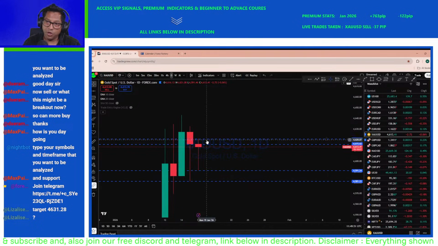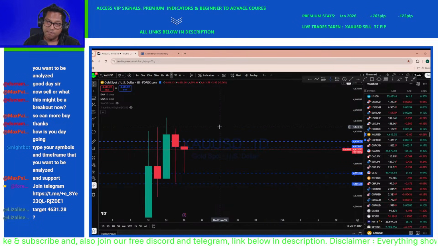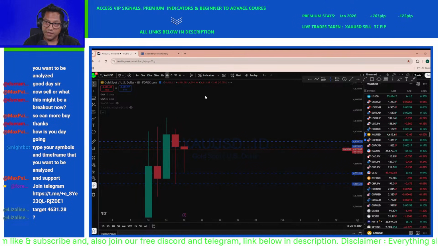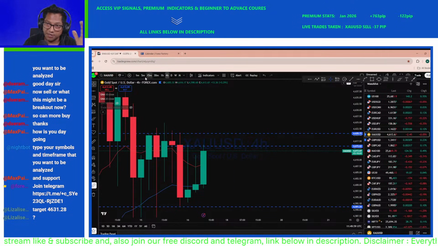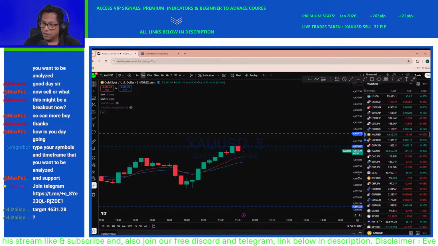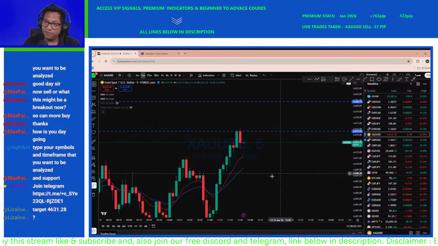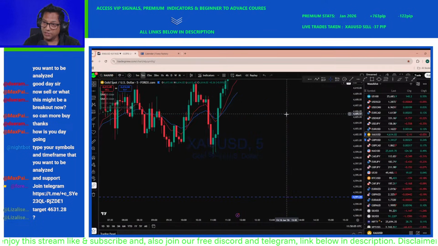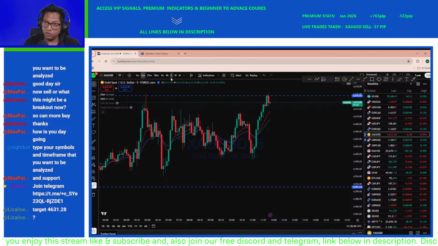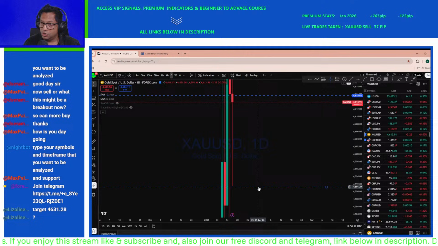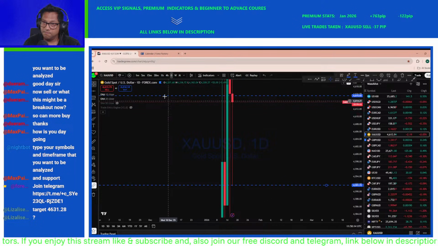So at this point where the market is, I wouldn't bet for long. Instead, at the moment, because the market has already broken above, we will be looking for a sign of a potential trend change for the price to drop down to today's low here. So today's low is here.